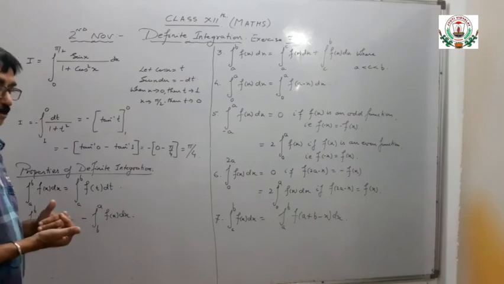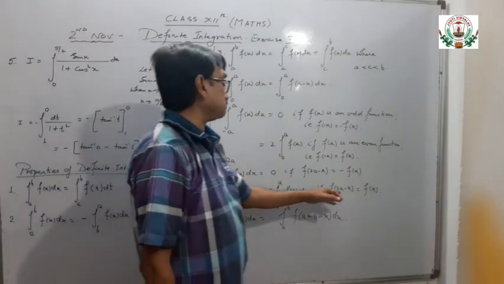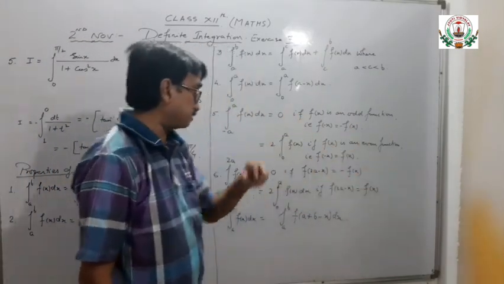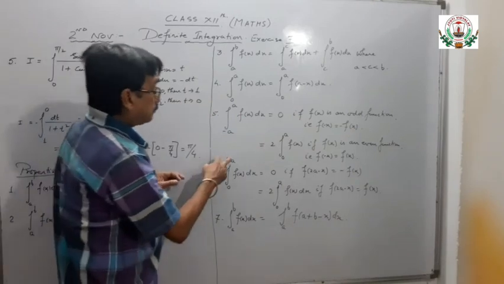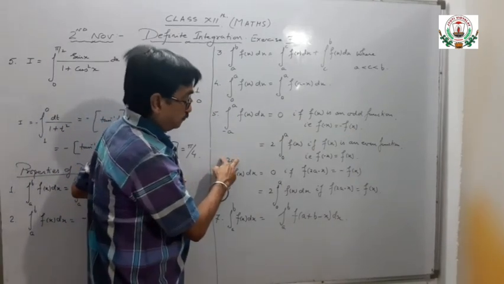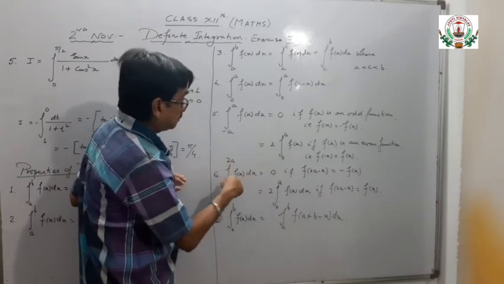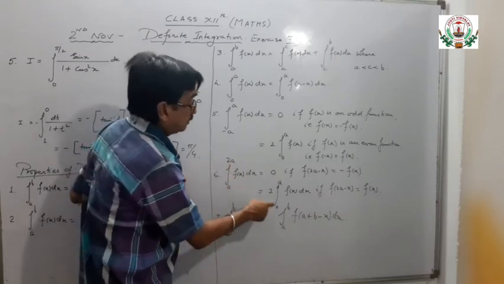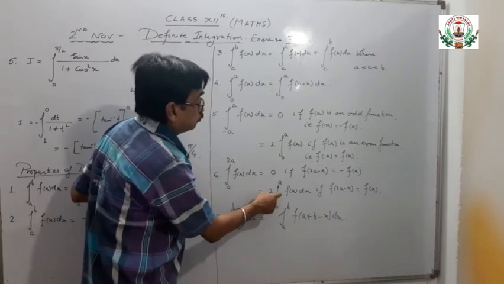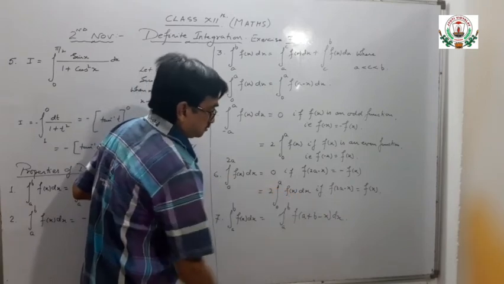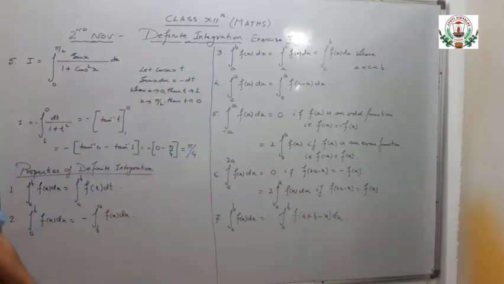Or if we are getting f of 2a minus x equal to the same function f of x, then the upper limit will become half, that is a. 2a ka half ho jayega a, and the integration will become twice of it: twice the integration 0 to a f of x dx, if f of 2a minus x equals f of x.